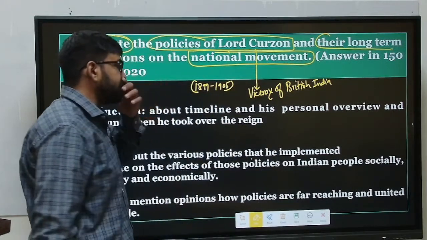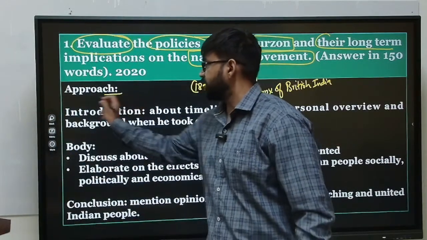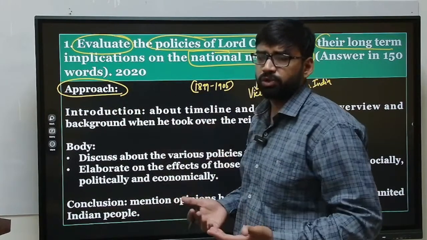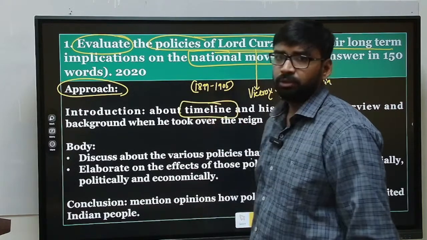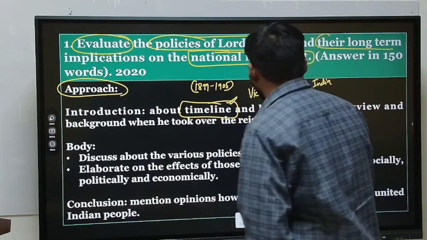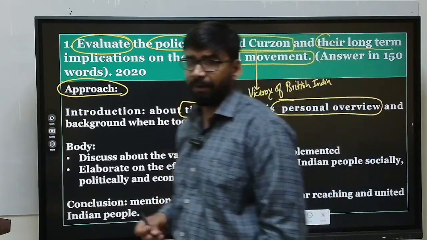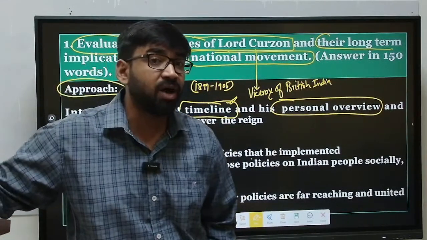So first of all, let me tell you what would be the approach of this question. First, you need to introduce the viceroy, that means Lord Curzon. You should know the timeline of this viceroy and then his personal overview with respect to India, how he perceived India as a viceroy.